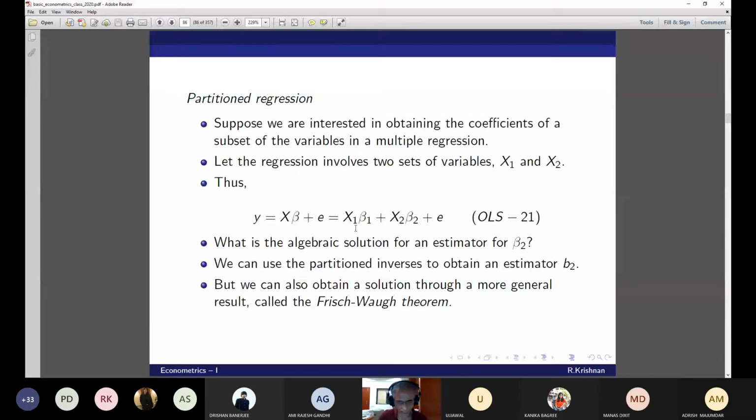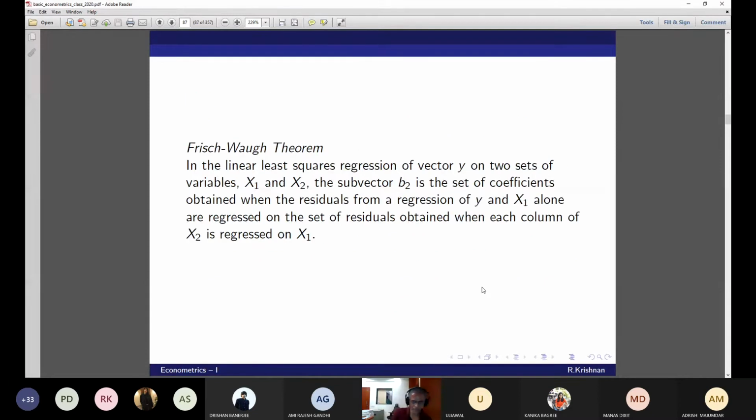I'm breaking it up into x1 and x2, where x1 will be 50 by 3, for example, and x2 will be 50 by 2. I'm interested in getting an estimator for beta 2, that is, b2. So what does this mean? What are the steps involved?